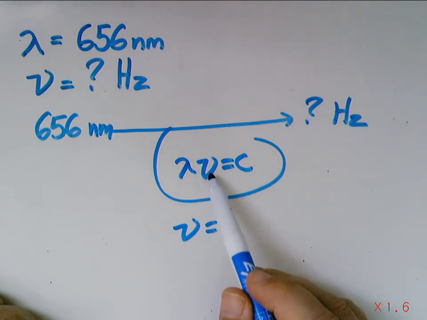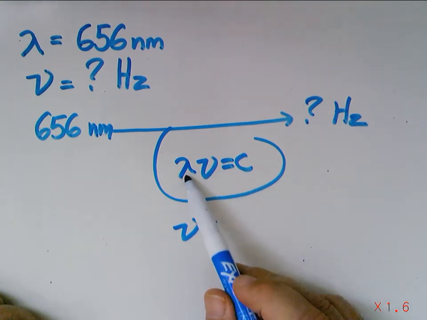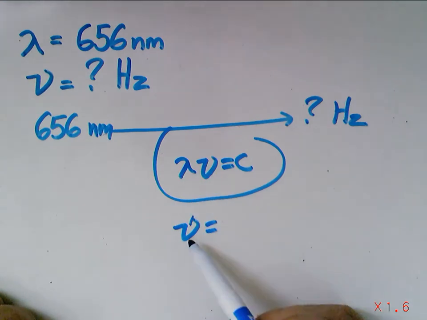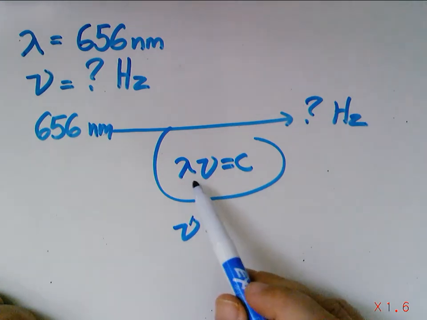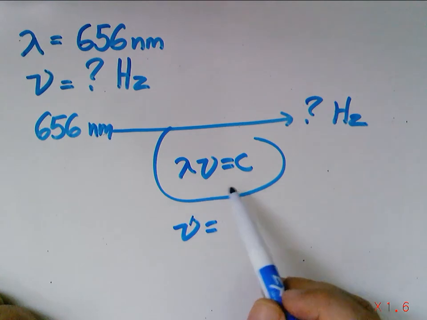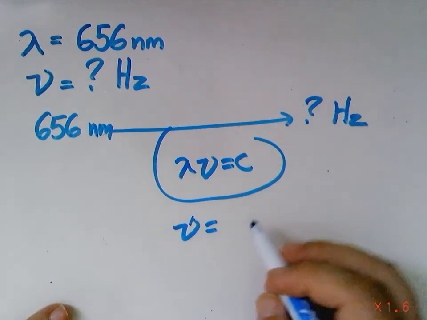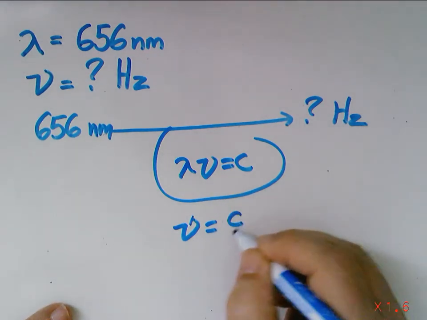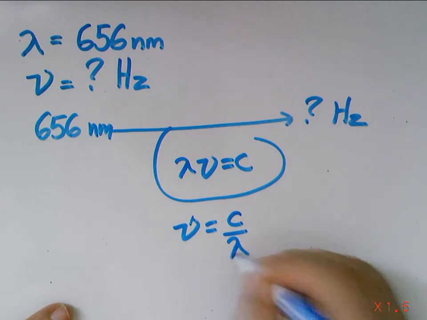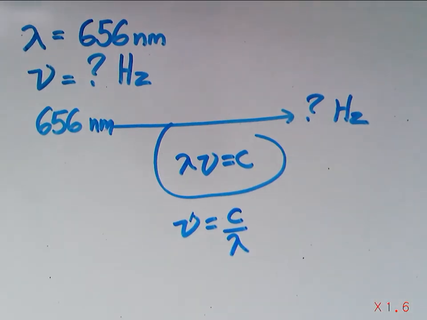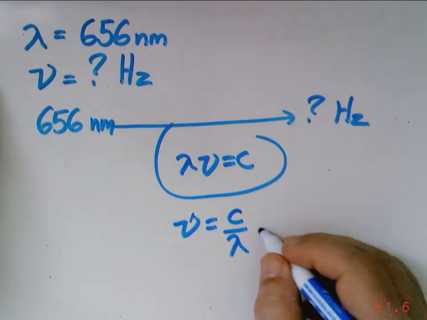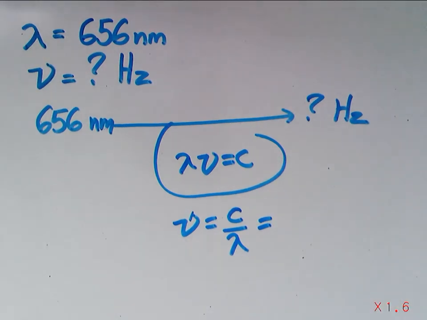What do I have to do? I have to get rid of this lambda that's sitting next to the nu so I can get the nu all by itself. So I'm going to divide both sides of this equation by lambda. And now I have turned it into an equation for my unknown. I've solved this equation.